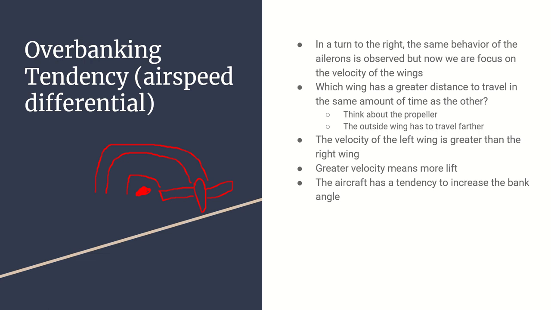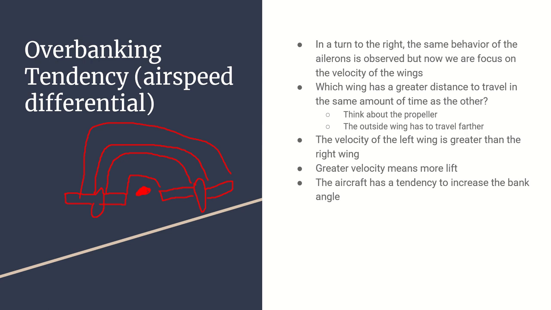Sorry, this drawing is not exactly the best, but I'm making it work. Okay, so here's our aircraft after we get done with the turn, right? When we're like 180 degrees from where we started. So there it is, right? So this inner wing travels less, it moves less. So if we kind of think about the propeller, right?